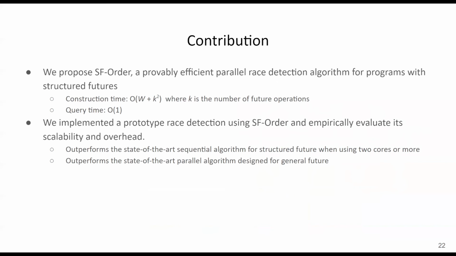To sum up, in this work, we exploit the particular structural properties of SF DAG and propose an efficient parallel race detection algorithm for programs with structured futures. And empirical results indicate our algorithm outperformed both the state-of-the-art sequential algorithm for structured futures and the state-of-the-art parallel algorithm for general futures.